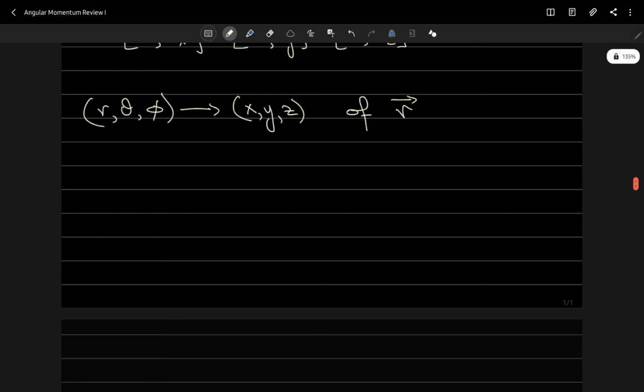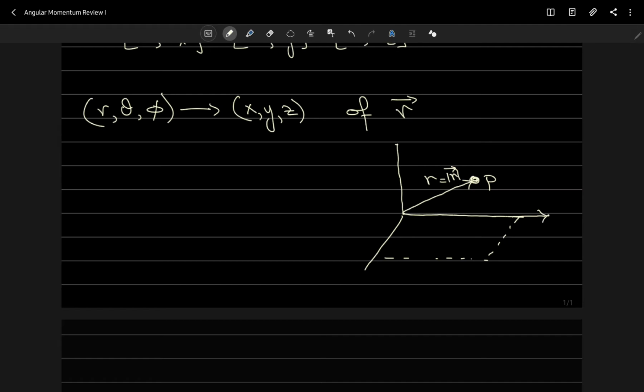So if I were to draw this thing, let me just quickly draw a rough sketch, which I am not good at, but yeah. So if I were to have some position vector for a point P over here, and this position vector is r, which is just the magnitude of the vector r, right?